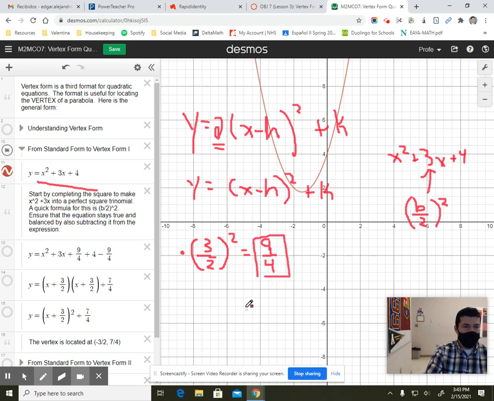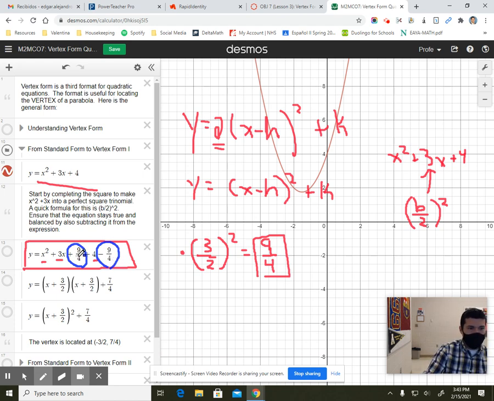Well, you're going to modify your equation now. You're going to take your x squared plus 3x plus 4 and add a magical number, 9/4. But in order to not unbalance it, you're also going to subtract it at the end. So we're going to add 9/4 and subtract 9/4.